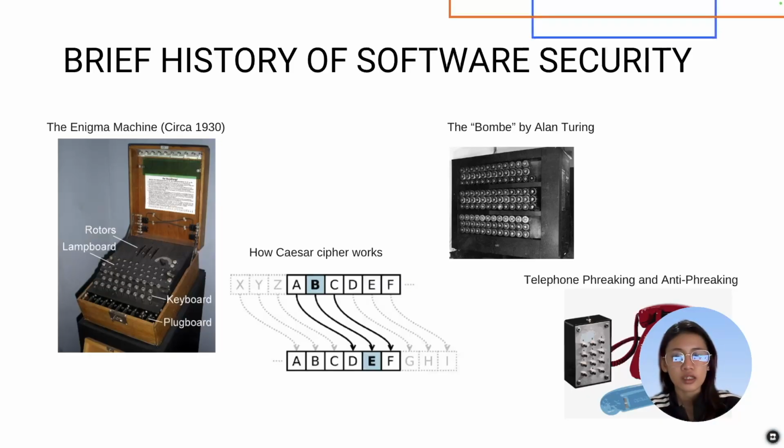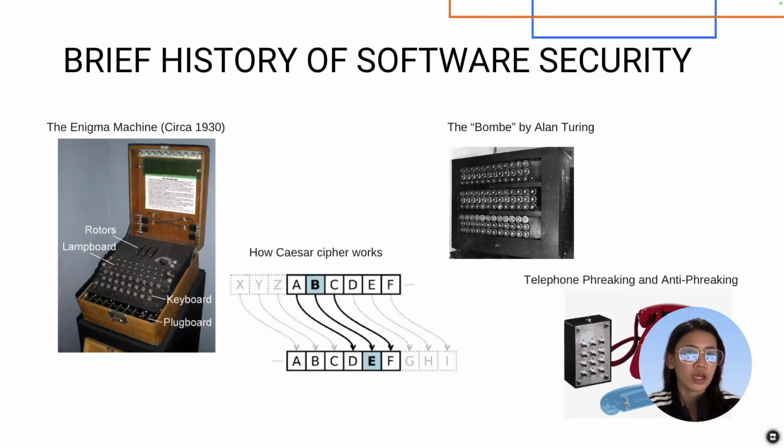By analyzing intercepted messages, the Bombe automated the process of testing possible configurations. This breakthrough demonstrated a key lesson that still applies today: there is no security system that is unbreakable. They are only resistant.